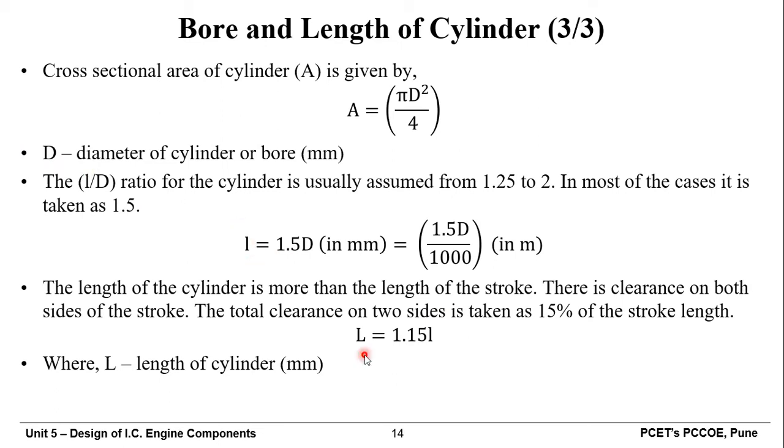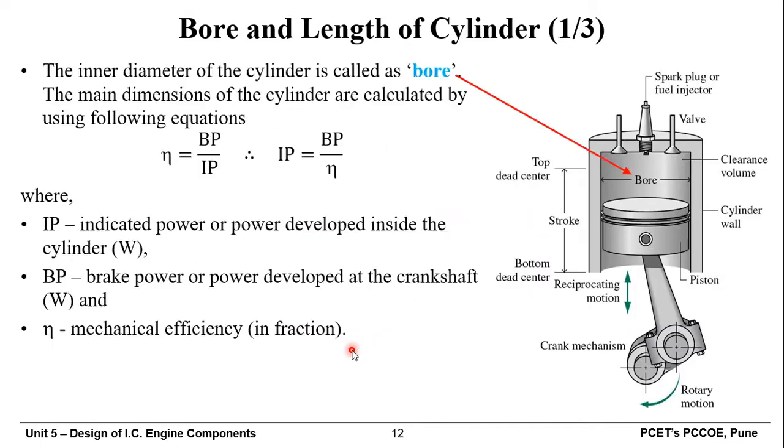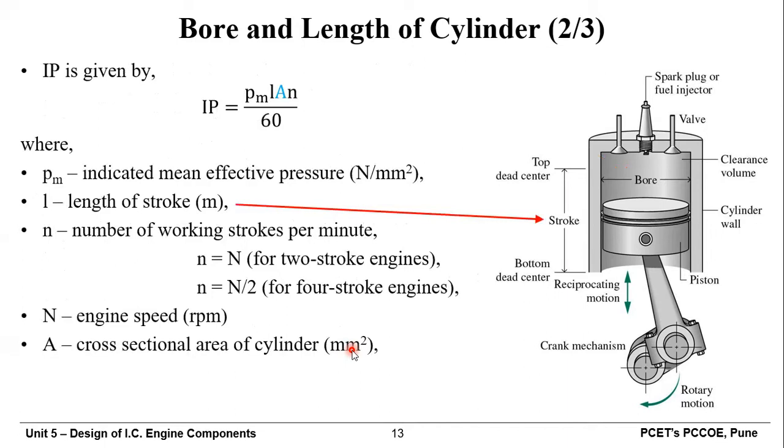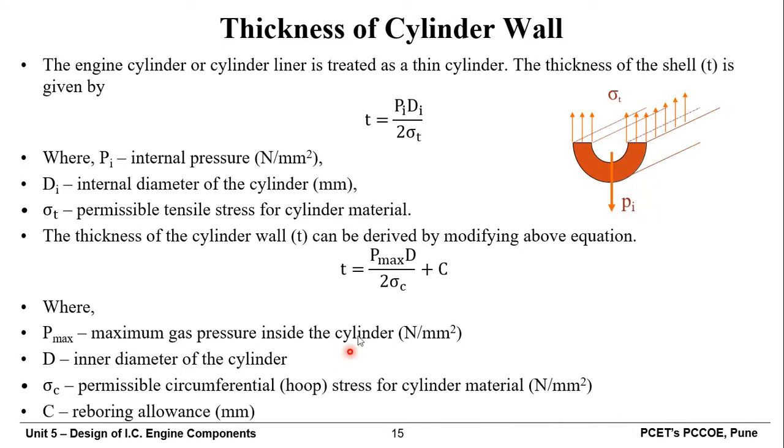And again in the stroke length, increase the length by 15%, you will get total length of the cylinder. This we discussed, and this is the process how we calculate the diameter of the cylinder, stroke length and total length. Now we got three dimensions.